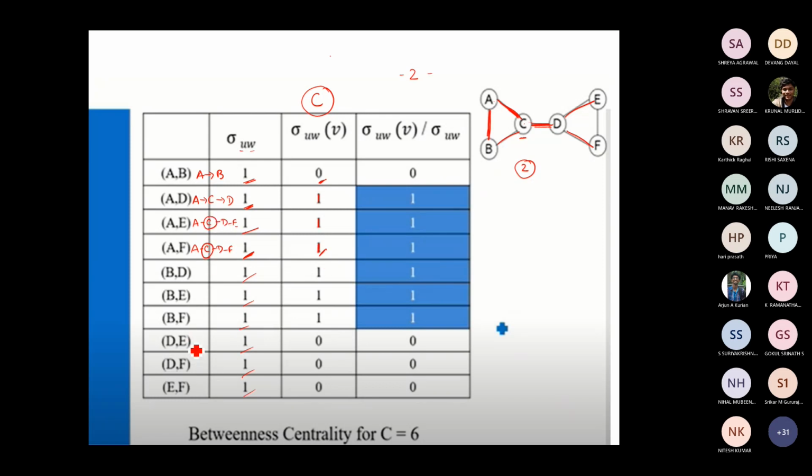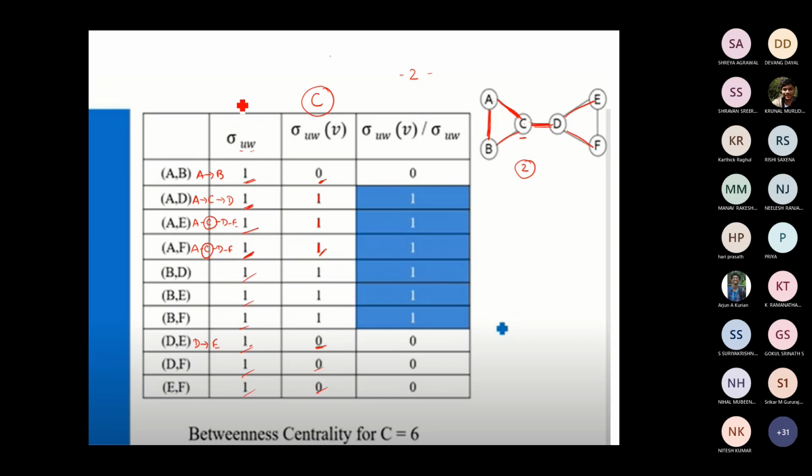If you look into this example, D to E, whether it is passing through C, no, it is not passing through C. Okay, so it is going to be 0. In the same way, D to F, it is not passing through C. E to F, it is not passing through our C. So it is all 0.